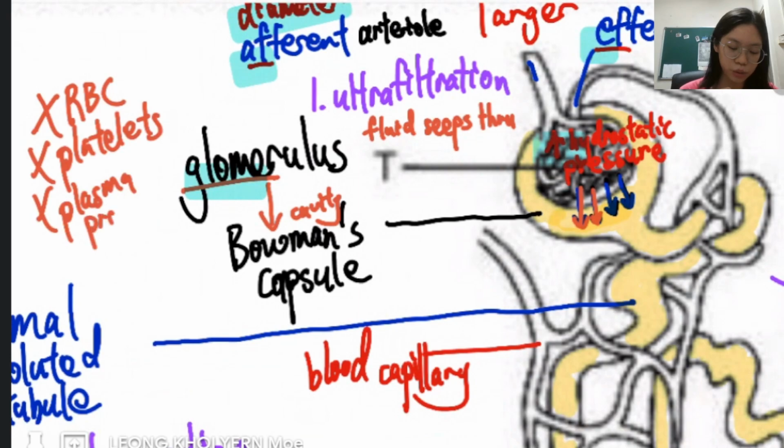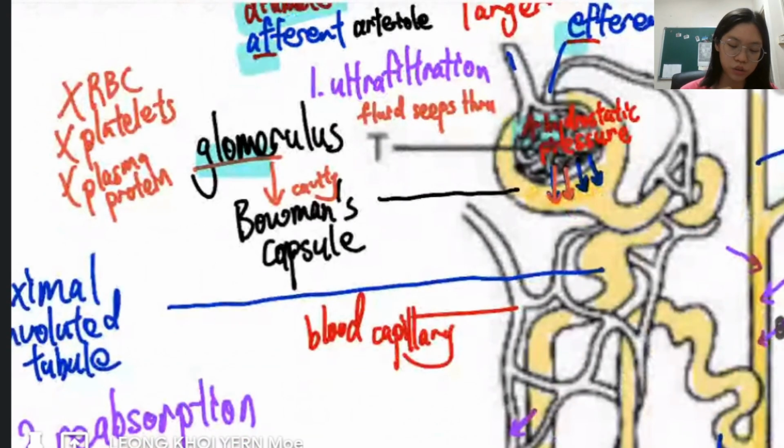Because they are too large, they can't pass through, so they remain inside and then pass into your blood capillary. The red blood cells and platelets won't pass through, so they won't become glomerular filtrate.